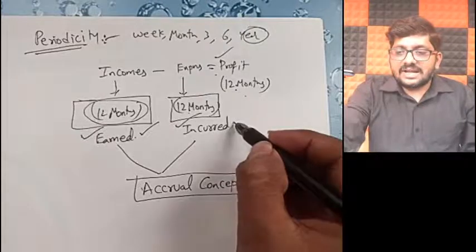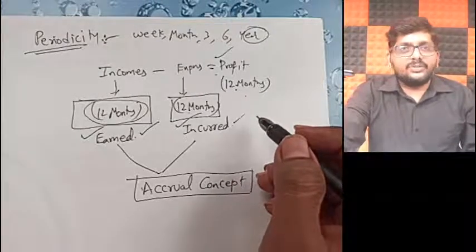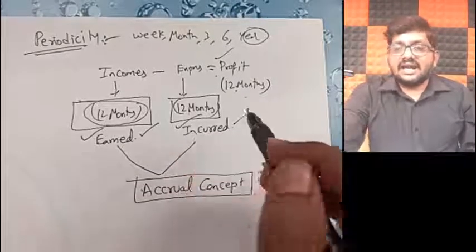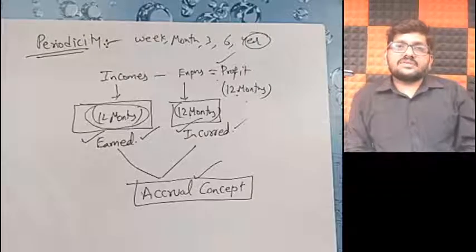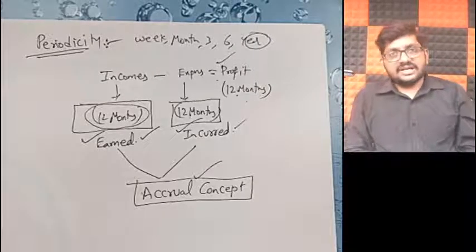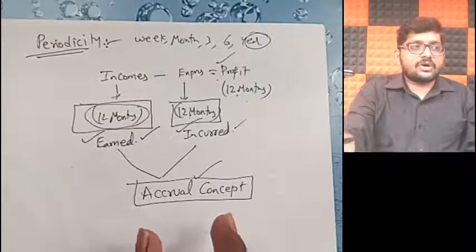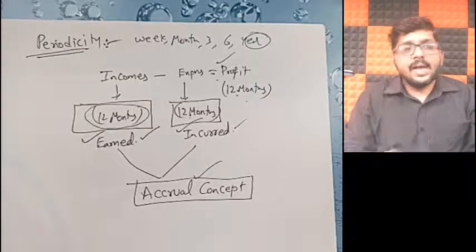Expenses also we have taken as incurred, whether paid or not, not bothered. That is why incurred and earned are taken, and those lead to which concept, my dear friends? Accrual concept, which you have already discussed in detail. Please have a look at it. So it means the basis of the accrual concept is periodicity. The basis for the accrual concept is what? Periodicity.